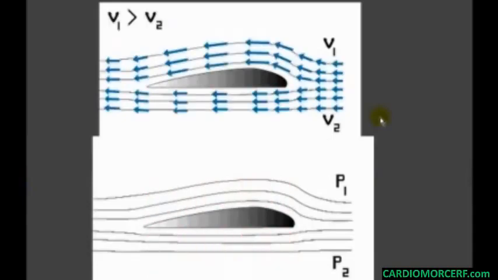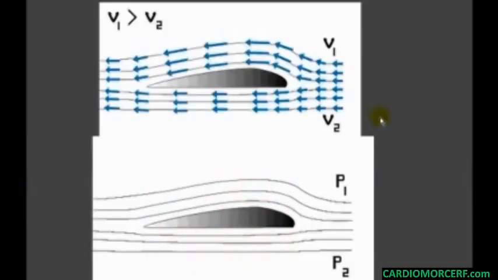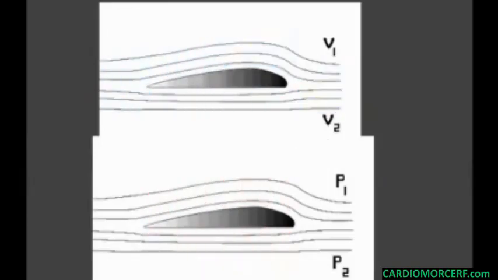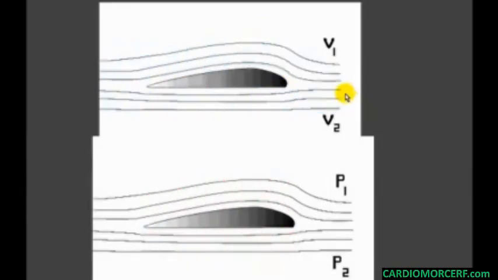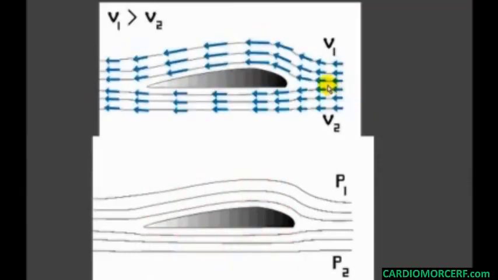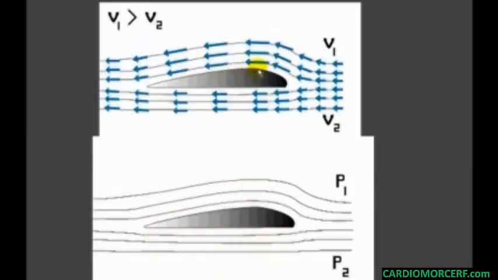This is the same reason why the airplane flies. To conserve the mass, the air has to go faster in the upper curved region of the wing than in the lower straight part of it. But when the air velocity increases, the pressure decreases to conserve energy.